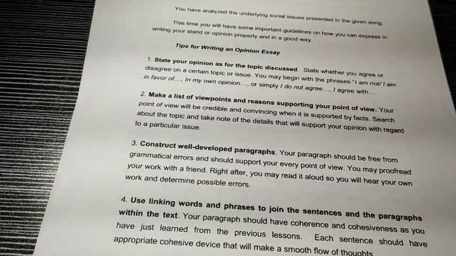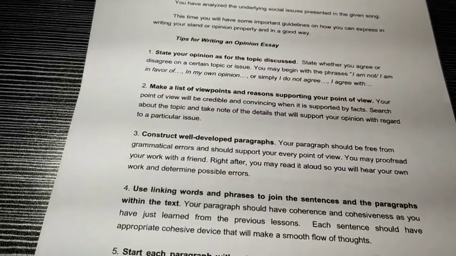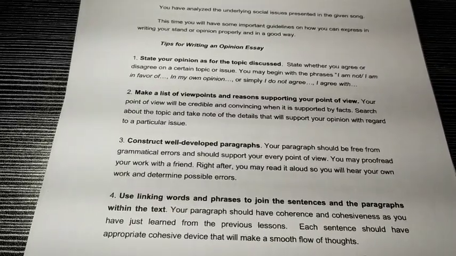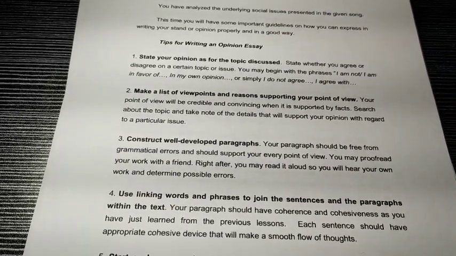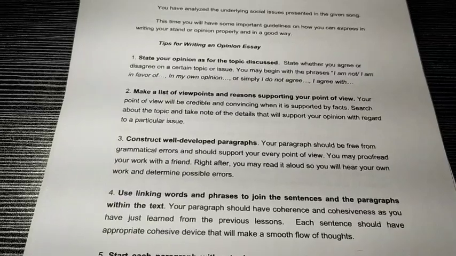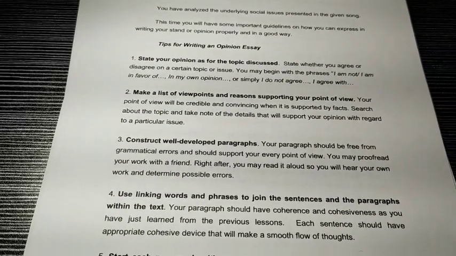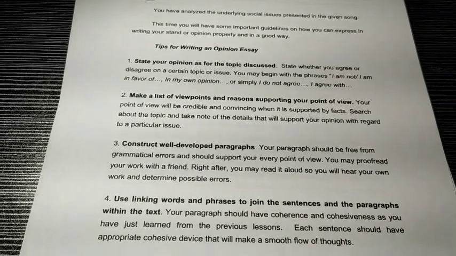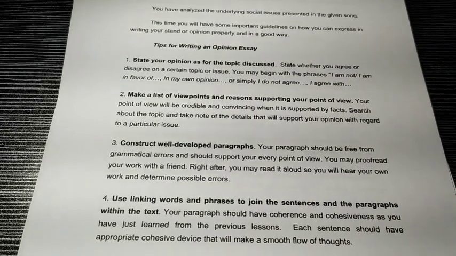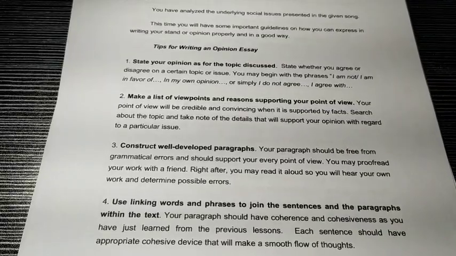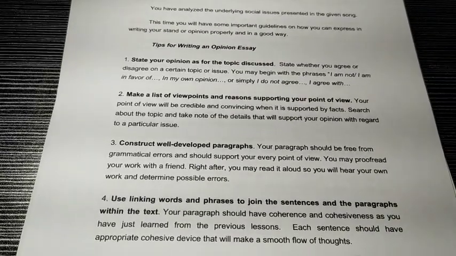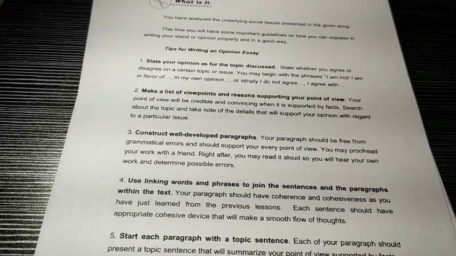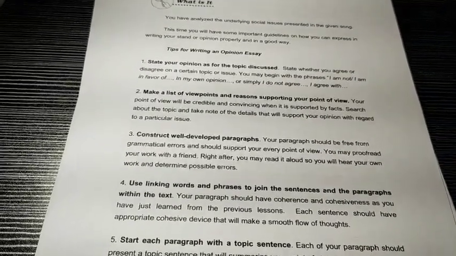So, in order for you to prove your own stand, that it is believable, it is somehow true, it is worthy or deserving to believe, therefore, you have to make or list some of the proofs for you to make your readers believe in what you are saying.